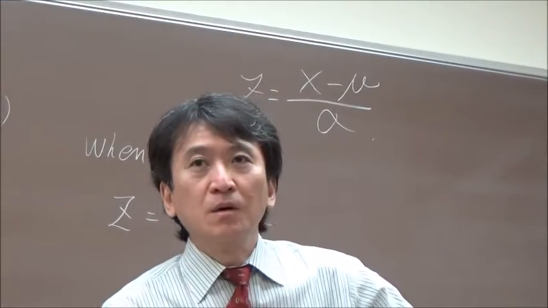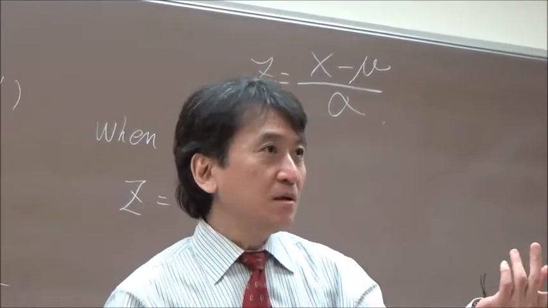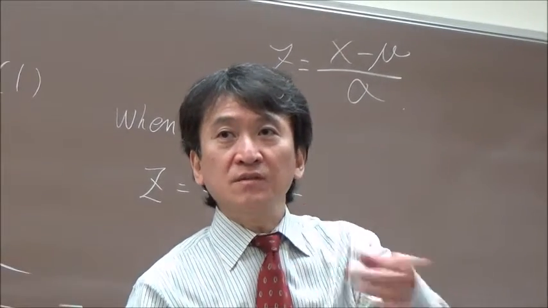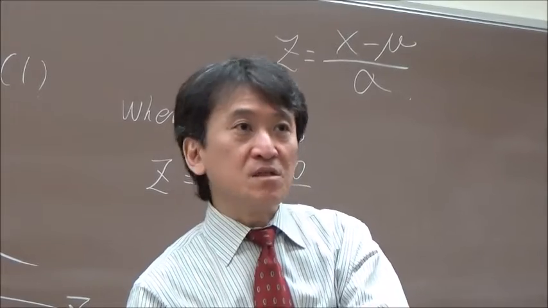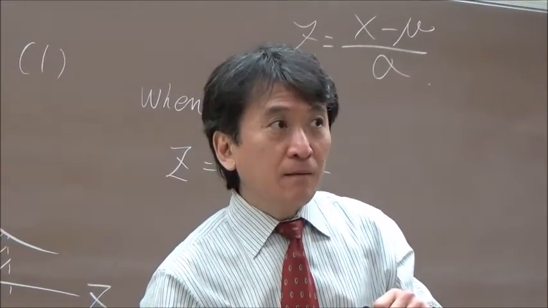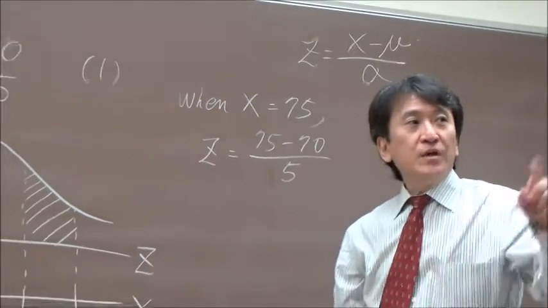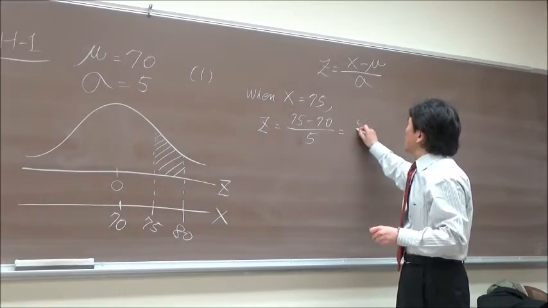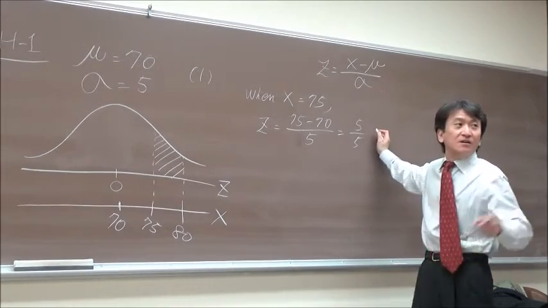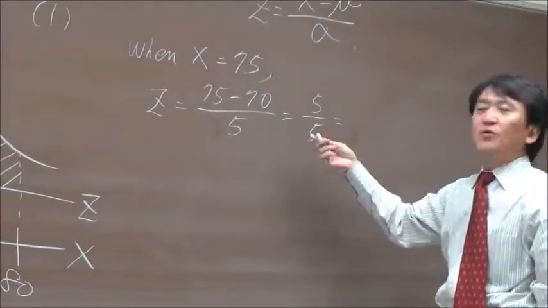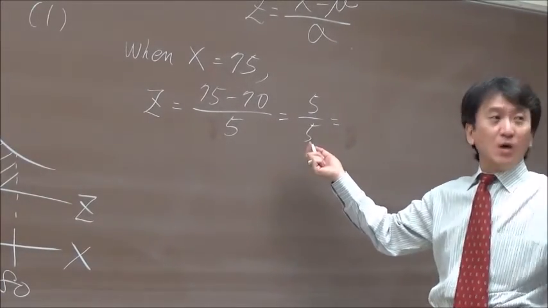That's z-score. Z equals deviation score divided by the standard deviation of a distribution. Remember that? Okay? Very good. So 5 over 5 equals, huh? 5 over 5 equals 1, exactly.